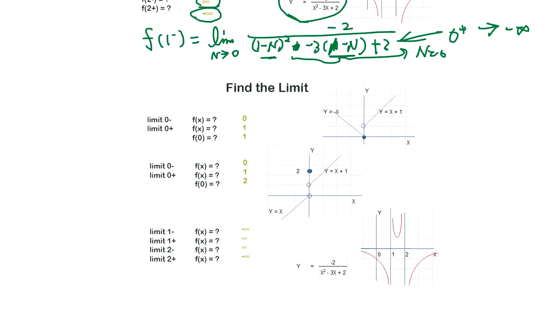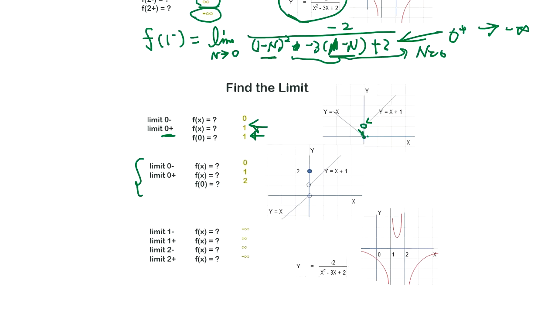Say limit 0 plus, 0 negative. The 0 negative limit, the final value is what? 0 here, right? 0 positive, the limit is the final value, so it's going to be 1. Once you say limit, you take the value all the way, so you can get the definite value. Okay, don't get confused here.